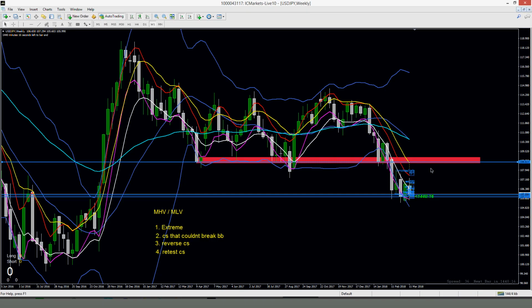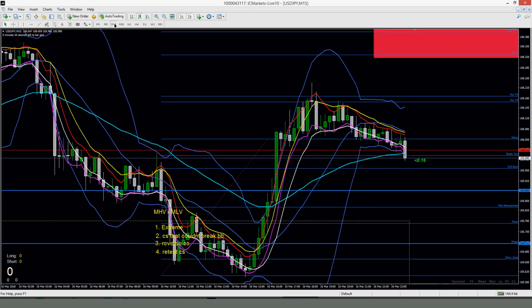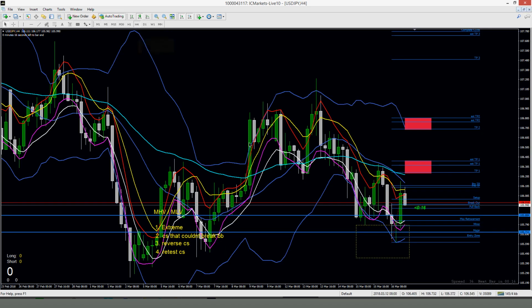So based on this weekly time frame, this is more of a swing type of trading. But if I'm a scalper, then obviously I'll be looking for a buy entry over here because I know the market is going up. So we need to make sure that whatever is happening on the lower time frame, we identify those setups as well.